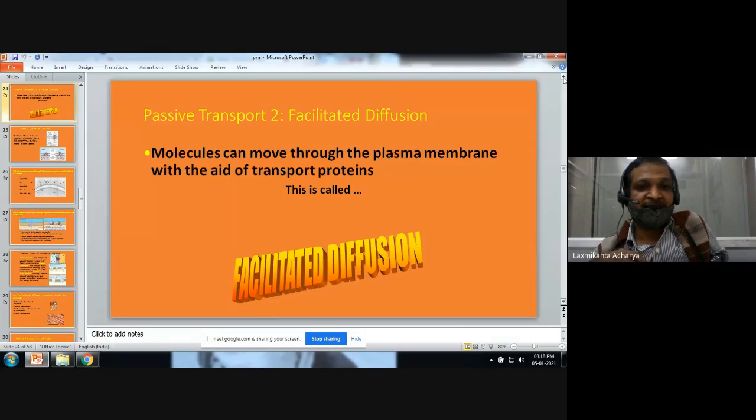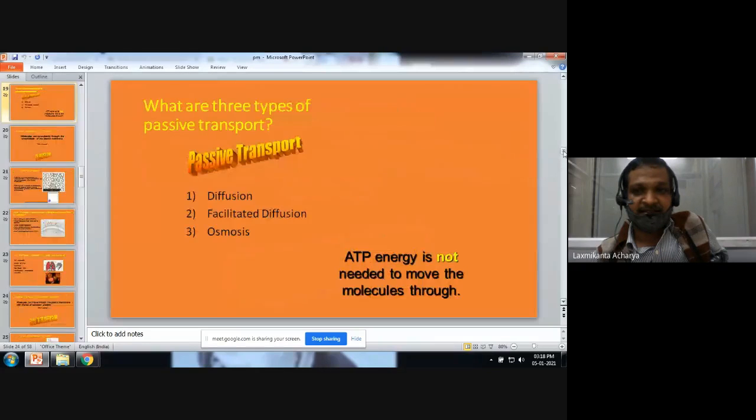But when there is a movement, the energy is provided by the concentration gradient, right? When the concentration on one side is much more, then in order to maintain equilibrium, these molecules pass inside the cell, or move out of the cell. So the energy that is provided is not provided by the cell.